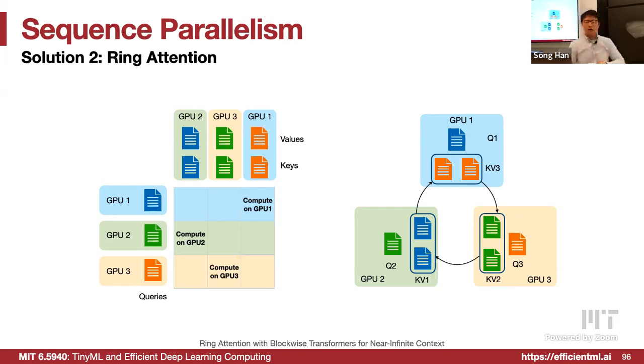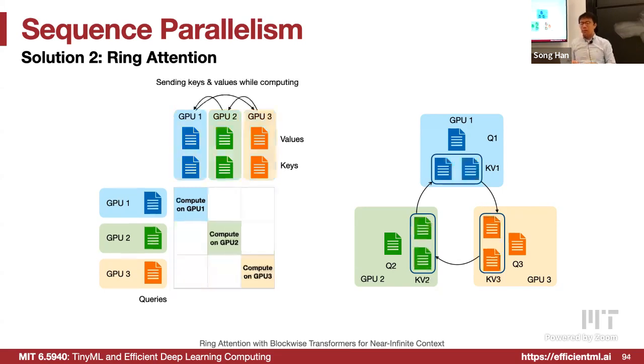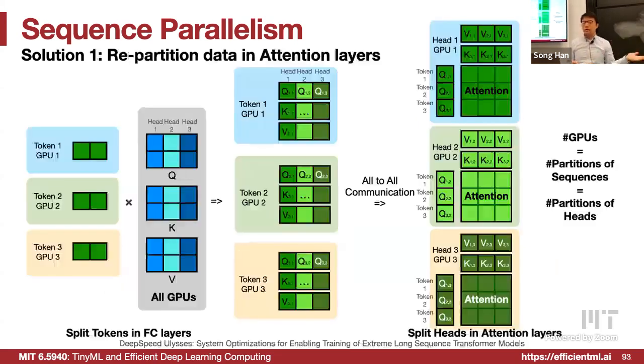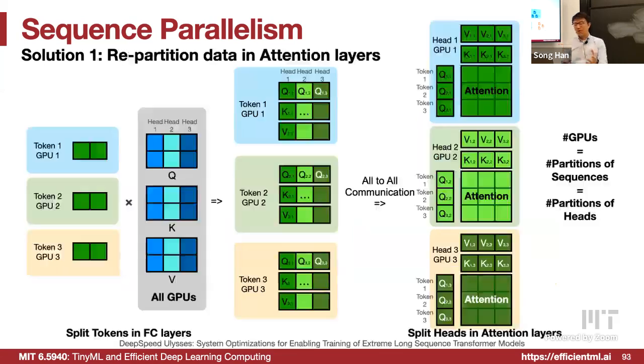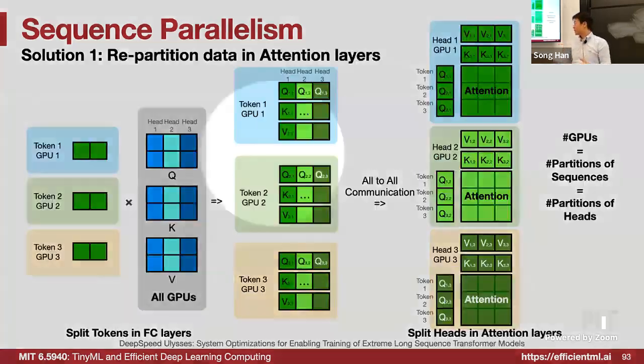One interesting part is that recently we've been combining these two methods. One is the Ulysses method, the partitioning in attention layers, versus this ring attention, into a 2D parallelism by combining them. Since within a node, 8 GPUs have higher communication bandwidth compared with between nodes, between the nodes we can use ring attention, and within the node we can use this Ulysses method.